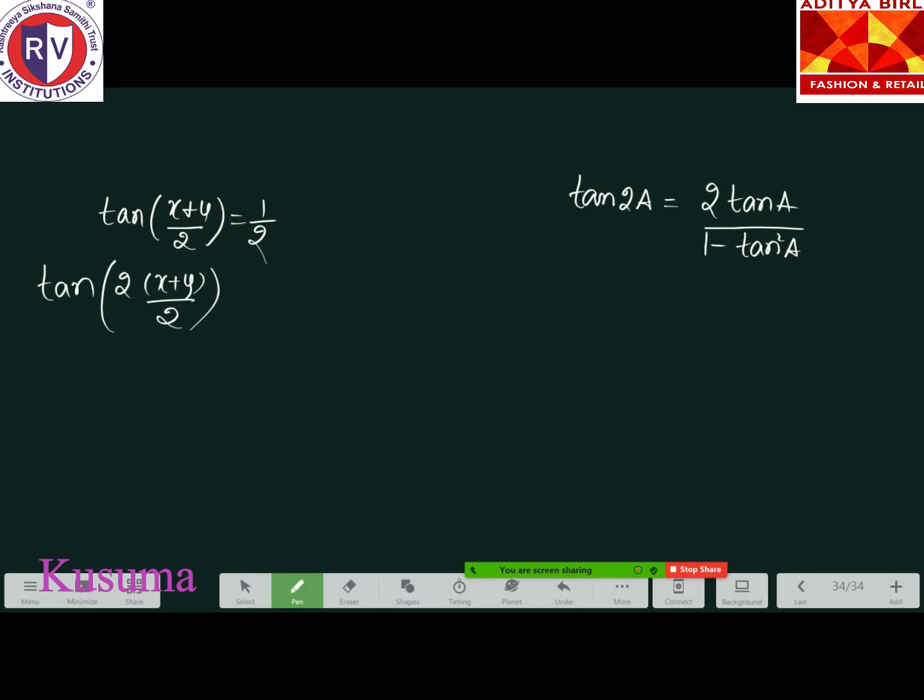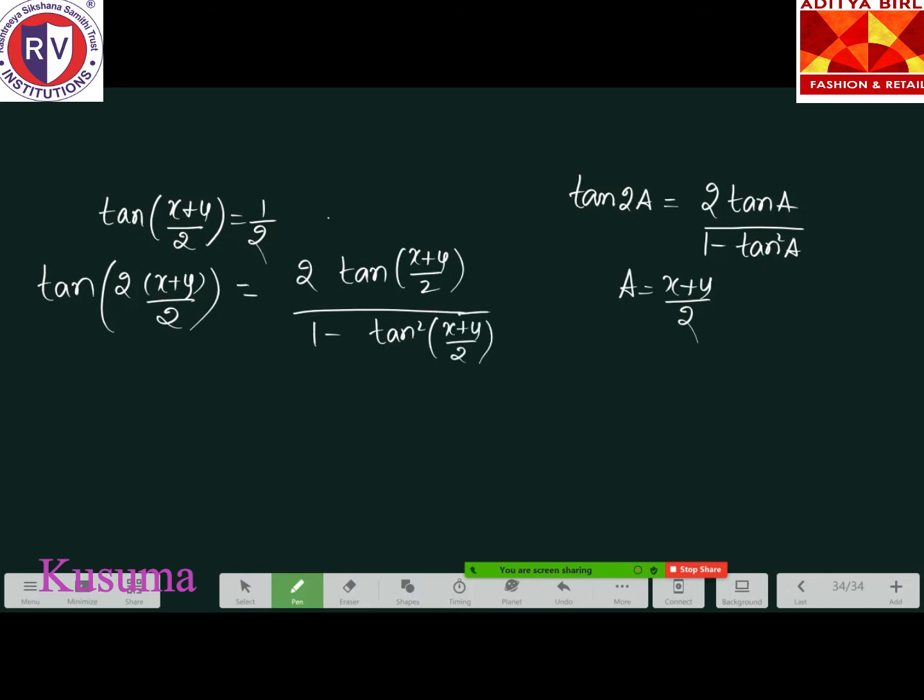So let a be x plus y by 2 here. So if we consider x plus y by 2 as a, we get tan of 2 into x plus y by 2 is equal to 2 into tan of x plus y by 2 divided by 1 minus tan square of x plus y by 2.